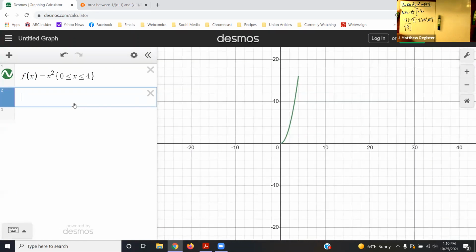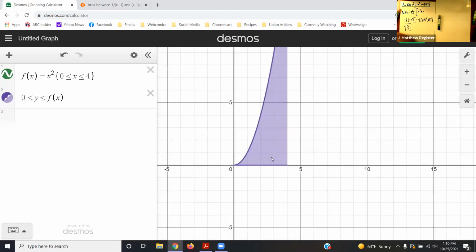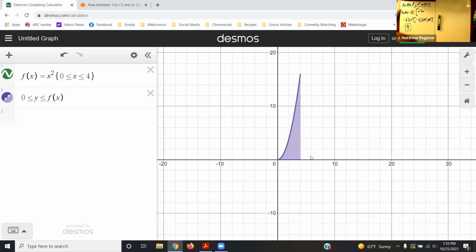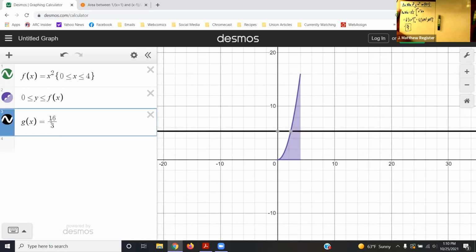If we wanted to figure out what the area underneath it looked like, we could say 0 is less than or equal to y is less than or equal to f of x. And that gives us the graph of the area from 0 up to that value. To figure out what the average value is, well, we just found the average value to be 16/3. And so let's say g of x equals 16/3.